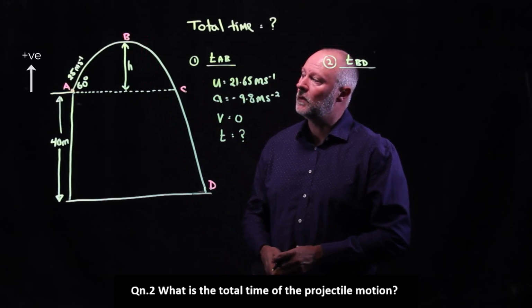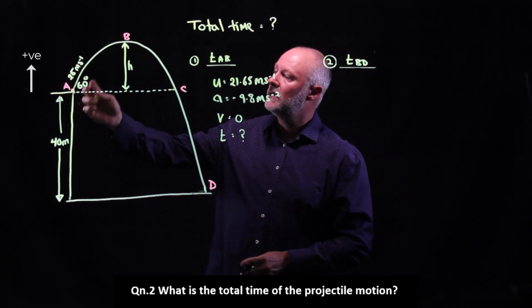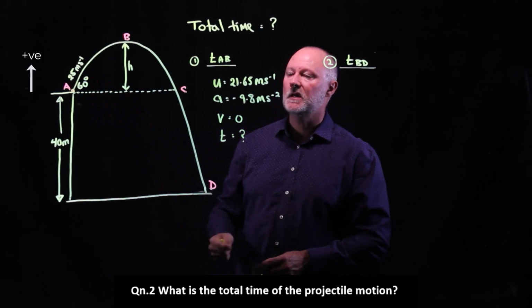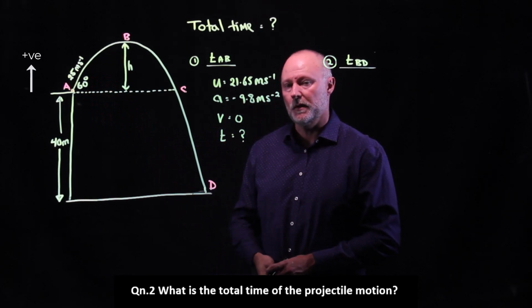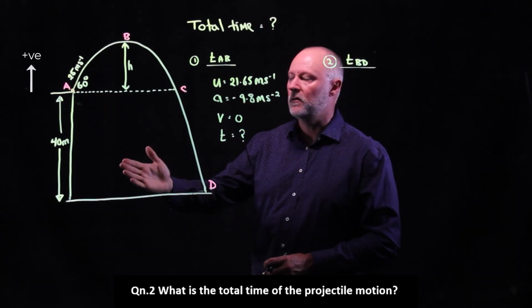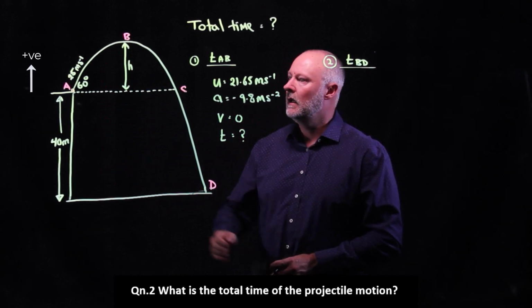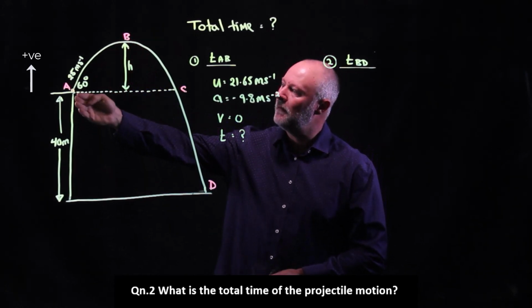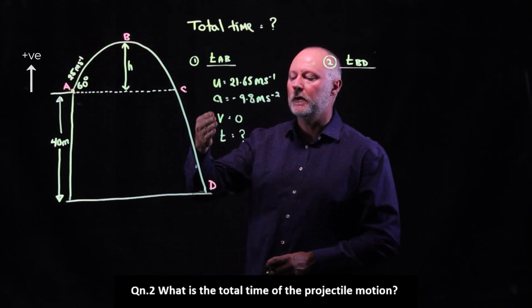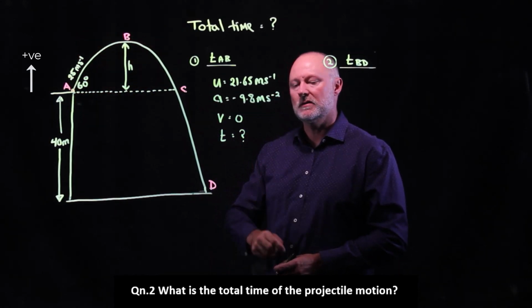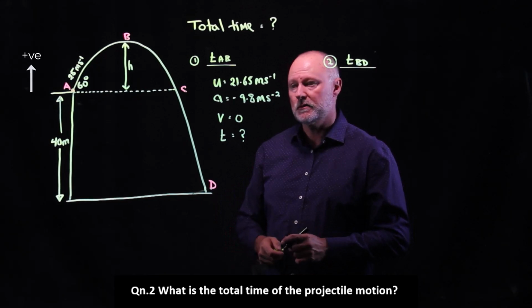So the initial velocity in a vertical component, 25 times sine of 60, gives us a value of 21.65 meters per second. Acceleration in the vertical is downward, so it's negative 9.8 meters per second squared. At point B, right at the top, our vertical velocity reaches a value of 0, and we want to work out what t is. So let's now use our SUVAT equations.